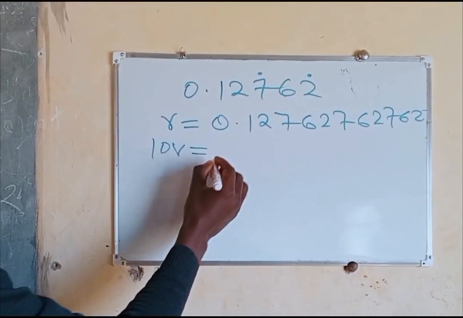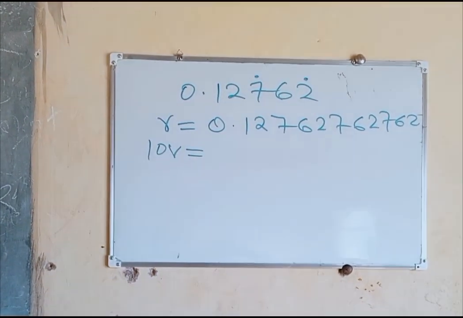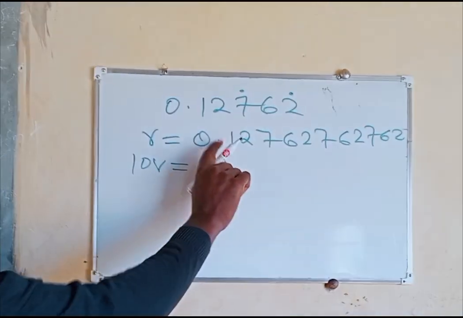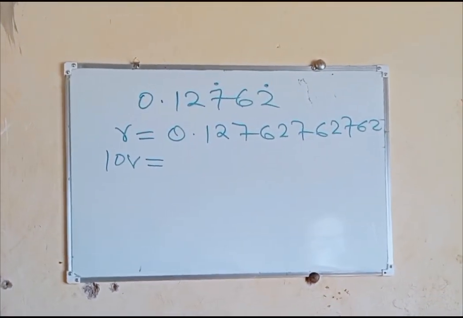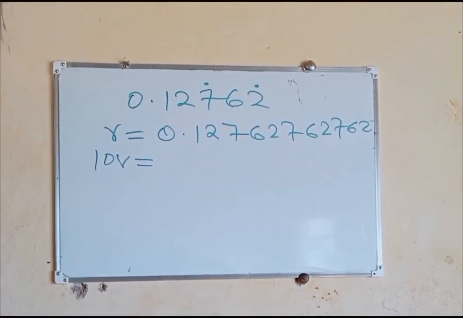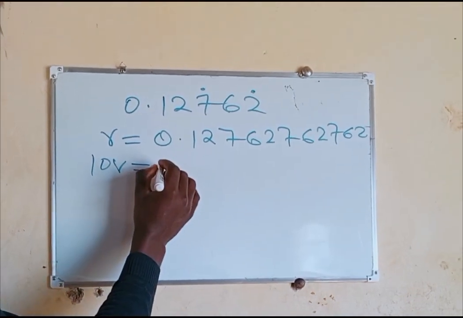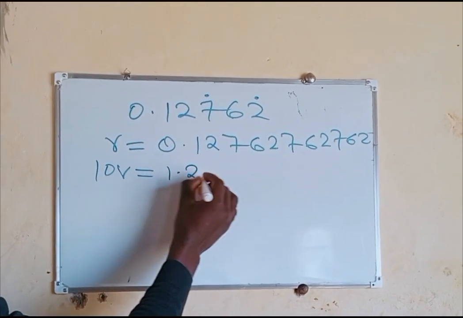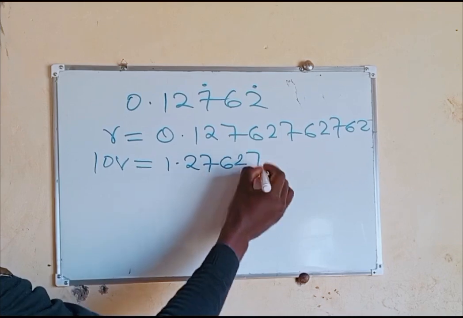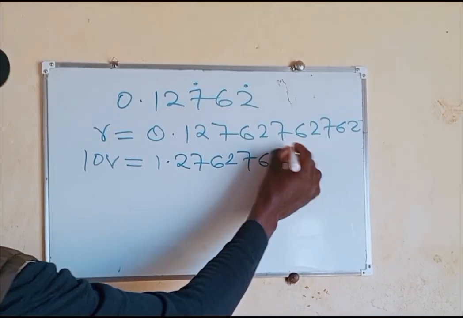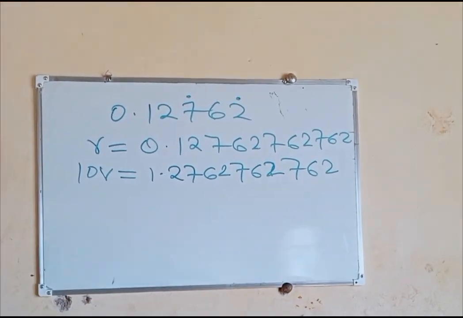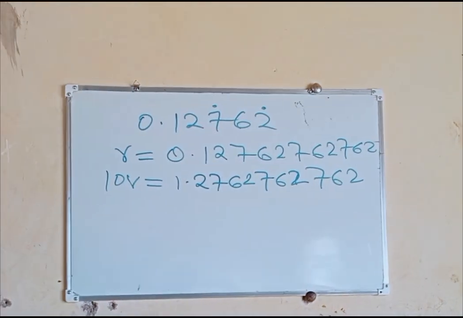10R will be, you just take this decimal point to the right by one step. We will have that now being 1.2762762, the many number of times you can write that.